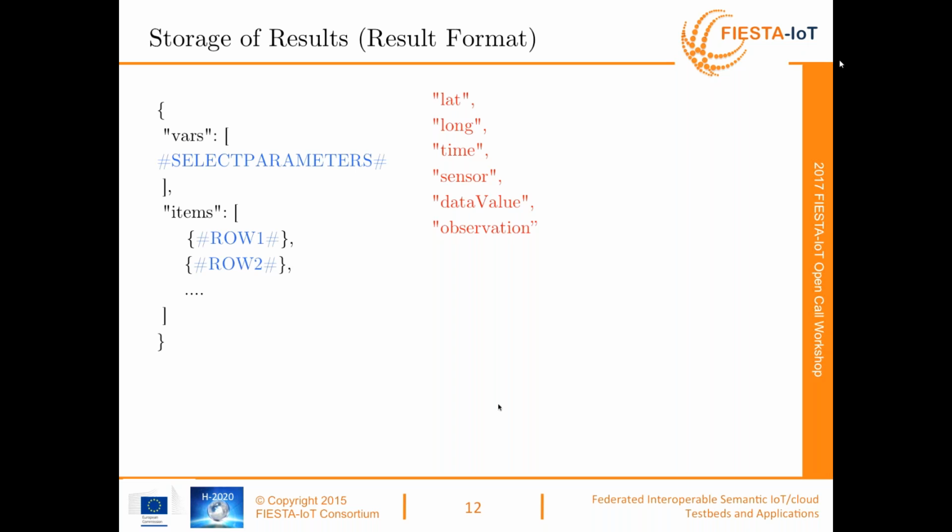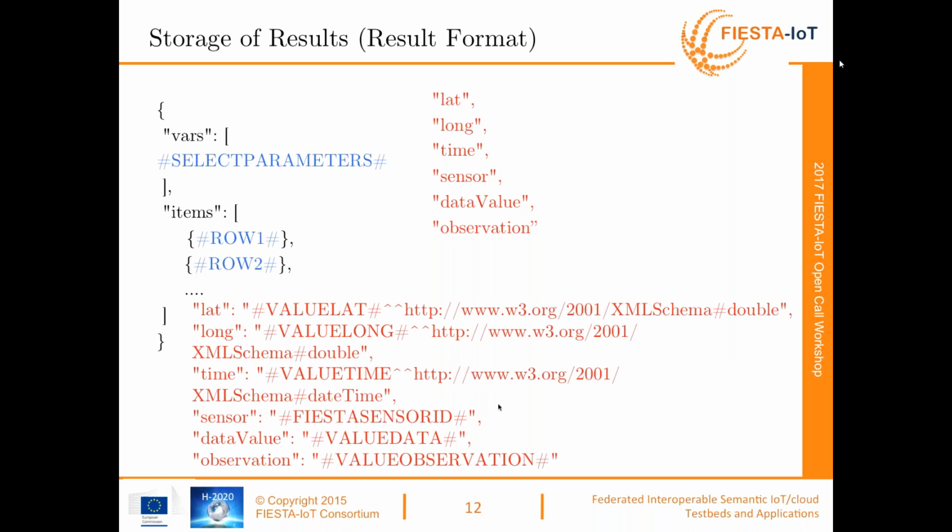So the current data that is received is basically JSON, and it has variables: whatever select parameters are specified in the query, and the items that are available. It can be a list of select parameters like lat, long, information, time, sensor, data value, and observation.